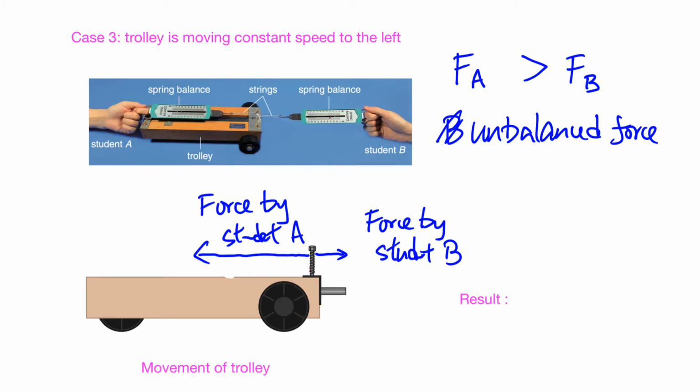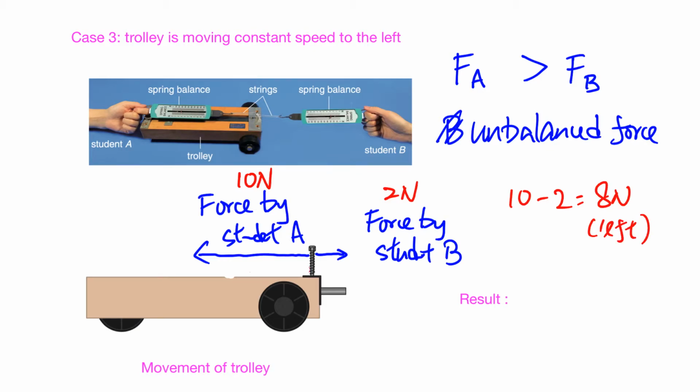If I put it in numbers, it will be easy for you to understand. Force, we use Newton. 10 Newton to the left, 2 Newton to the right. So after they cancel, you have 8 Newton towards the left.